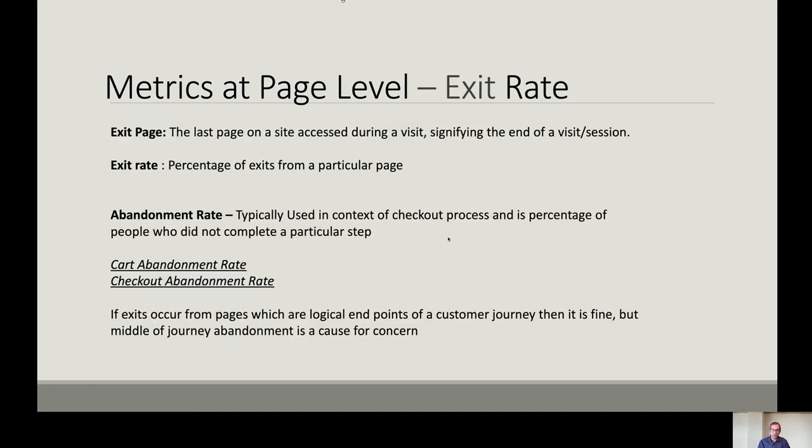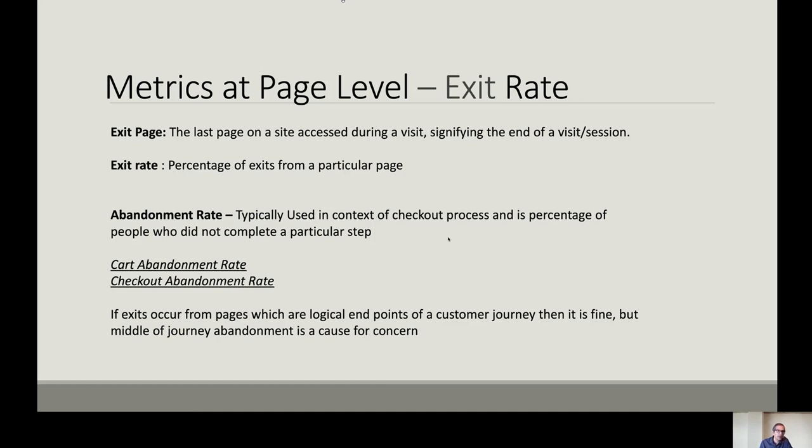The opposite of entrances is, of course, exits from a page. And so if you think of an exit page, this is the last page on a site accessed during a visit. And since this is the last page, it of course signifies the end of a visit or a session.